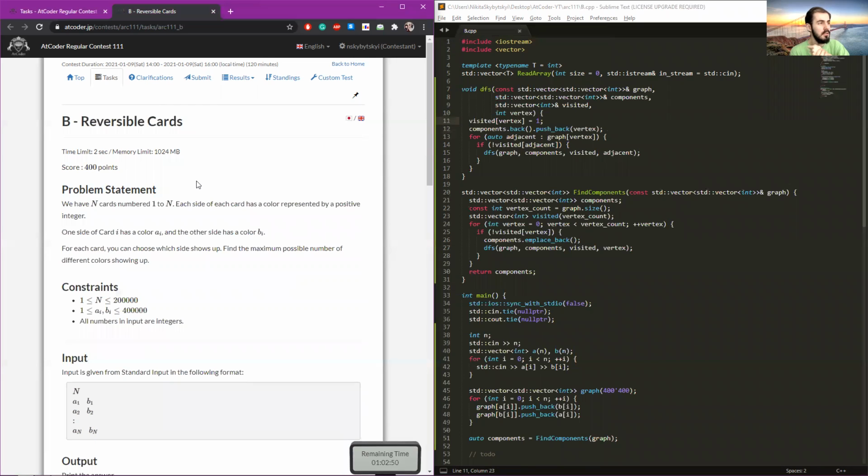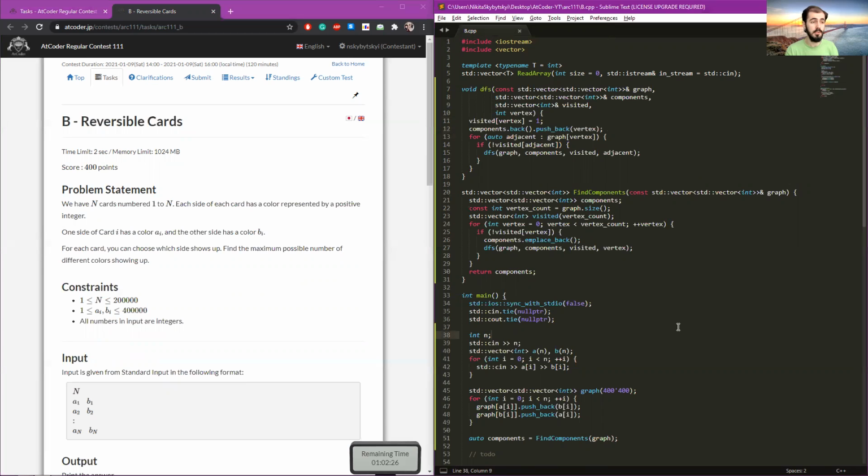We have M cards. Okay. Want to pick one side for every card. Yes, so the problem was that we were not sure how to distinguish whether, oh, wait.